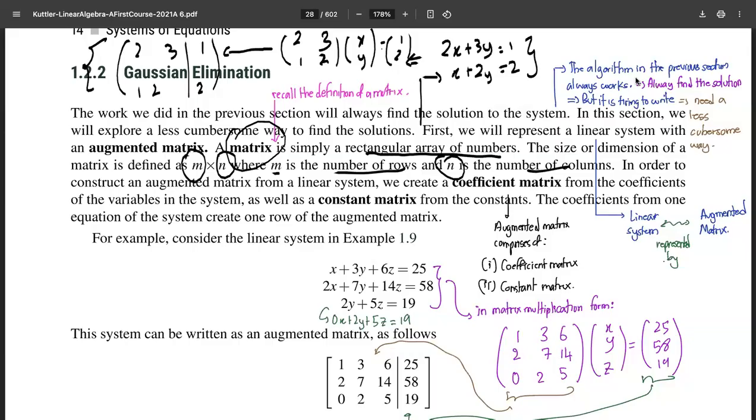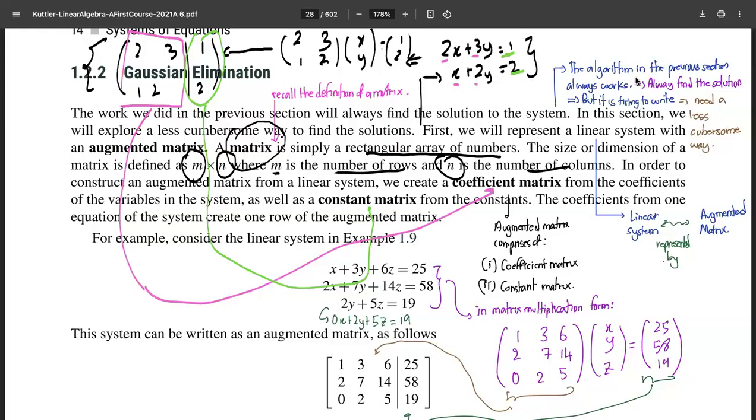So right here we have another example. Given this system of linear equations, we have 3 equations with 3 variables. So equation 1, equation 2, equation 3, and my variables will be x, y, and z. So I can write this in matrix multiplication form with my coefficient matrix, my variables and my constant matrix. And that would lead to my augmented form over here.